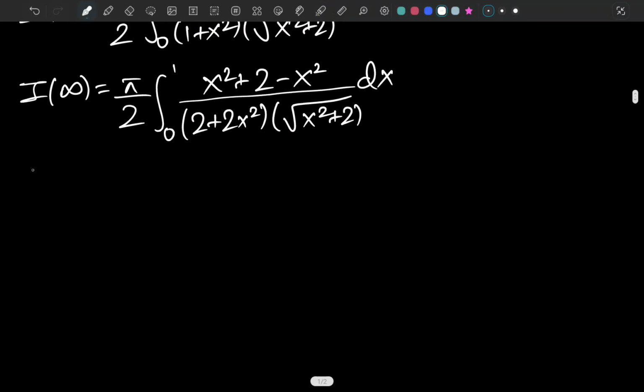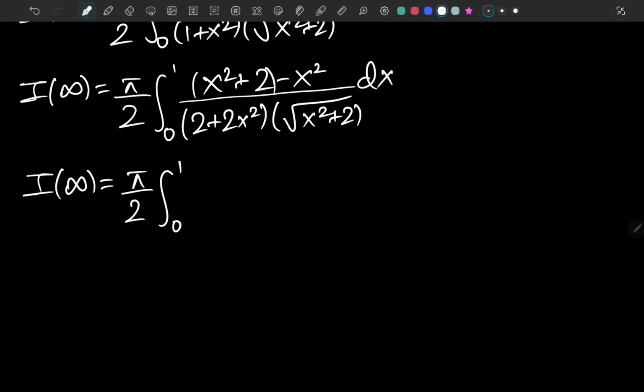Now I of infinity is pi over 2 times the integral from 0 to 1. I'm just going to parenthesize this for ease, it's nothing changed yet.